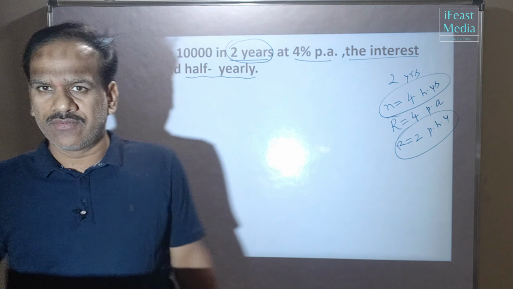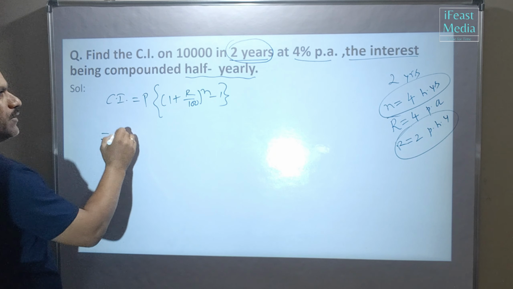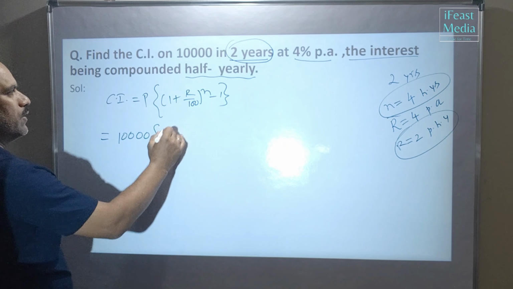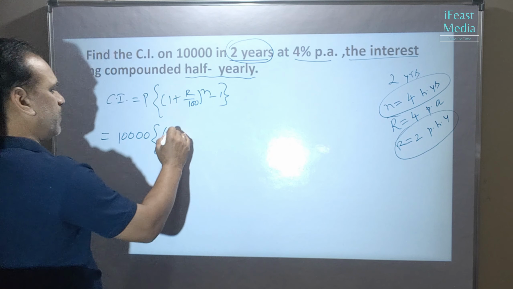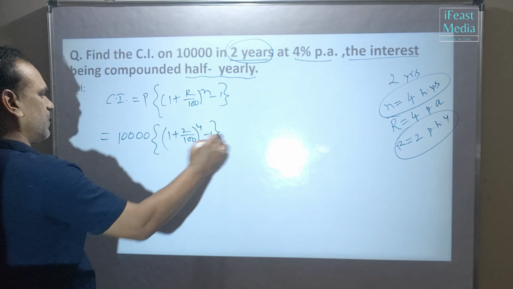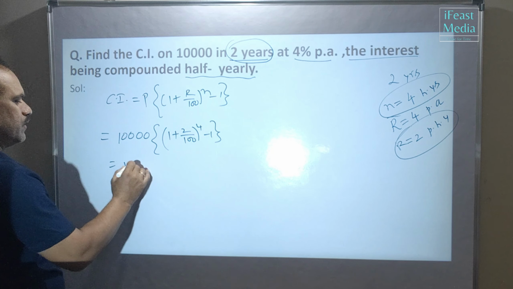It is P into 1 plus R by 100 whole power n, minus 1. It is 10,000 here, P into 1 plus 2 by 100 whole power n, which is 4, minus 1. 10,000 into 51 by 50 whole power 4 minus 1.